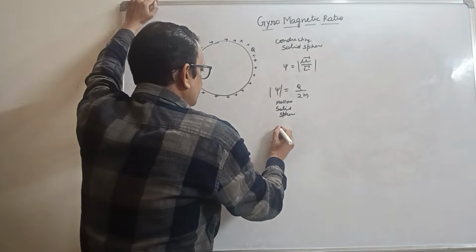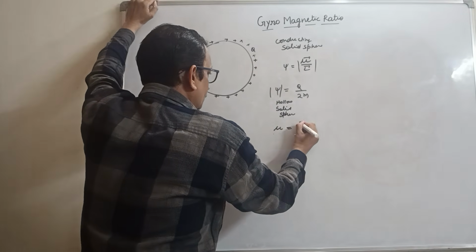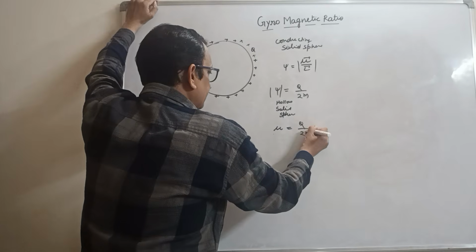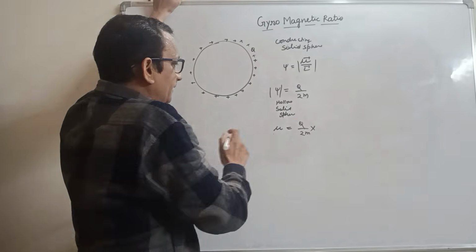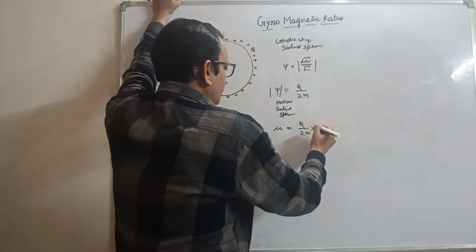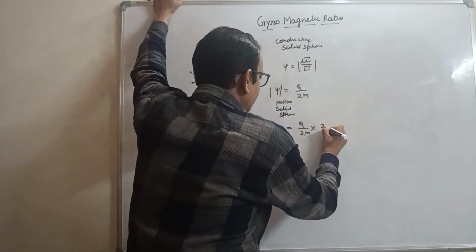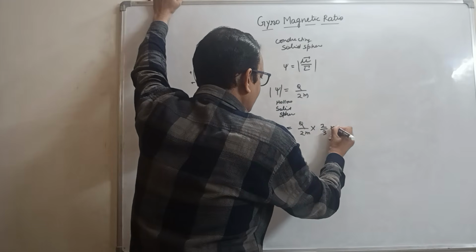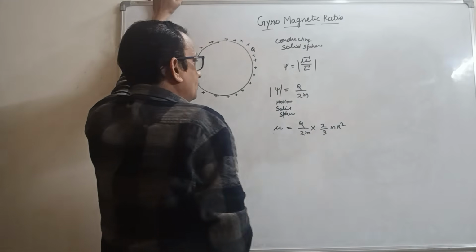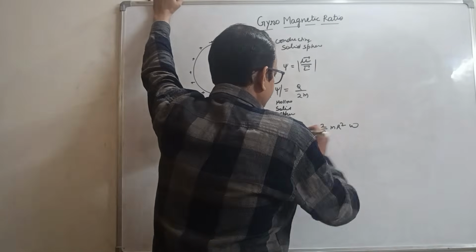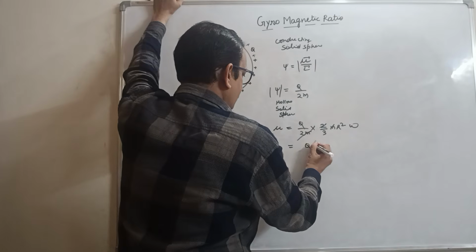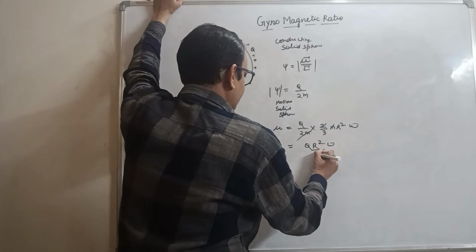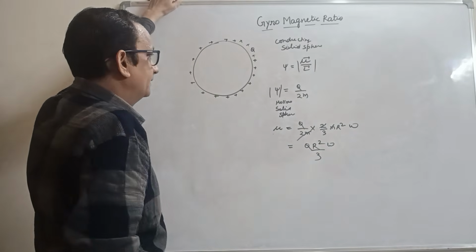So this can be written as mu into Q by 2m, and this would be the angular momentum of the hollow sphere. The moment of inertia of a hollow sphere is 2 by 3 m r square, into omega. So 2m cancels out, giving Q r square omega by 3. This is the magnetic moment.